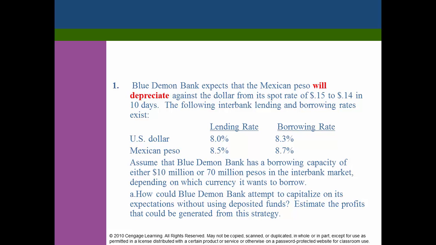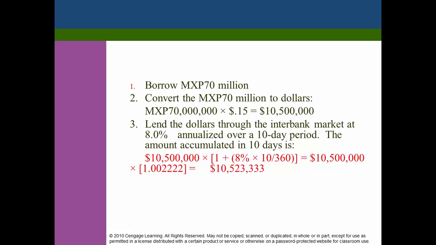Okay. So here, you expect the Mexican peso to depreciate. So that's why you want to borrow the Mexican peso. And it says that you can borrow up to 70 million. Convert the Mexican pesos to US dollars. You end up with 10.5 million US dollars. Lend the dollars to the interbank market at 8%.